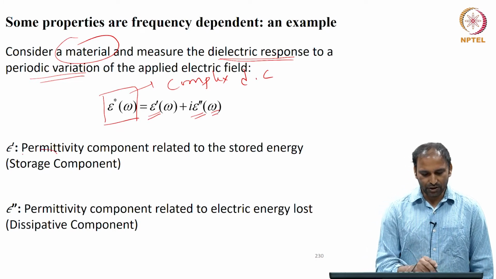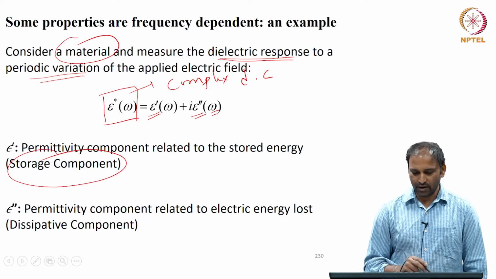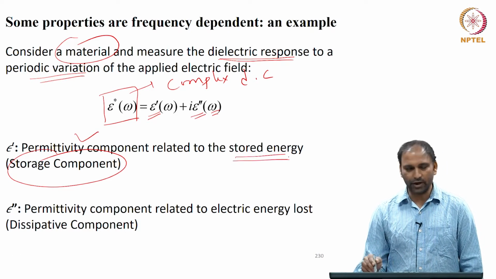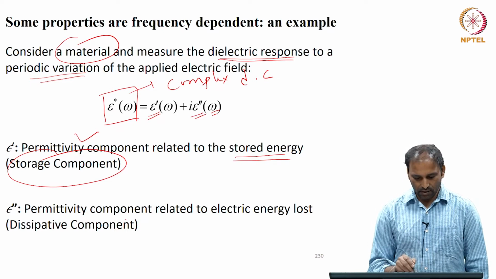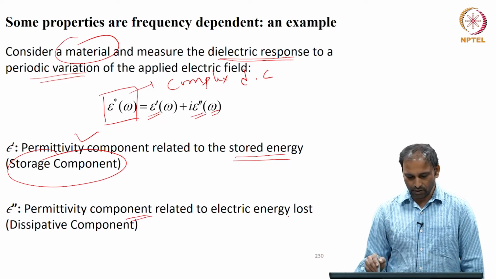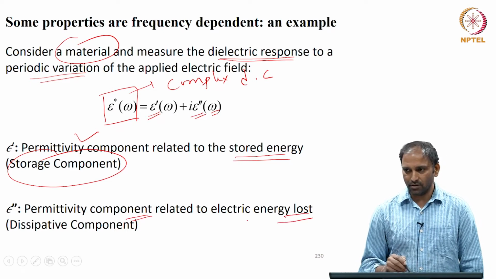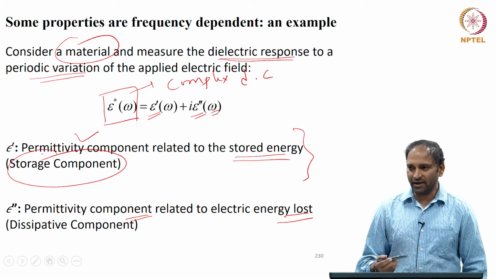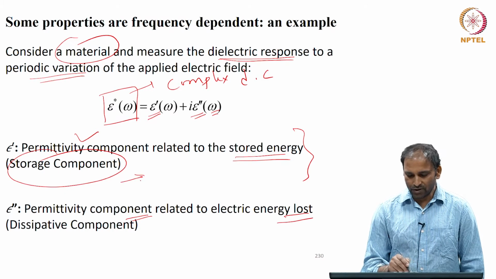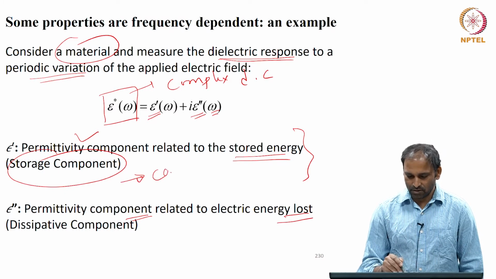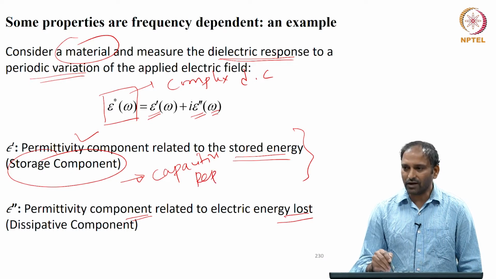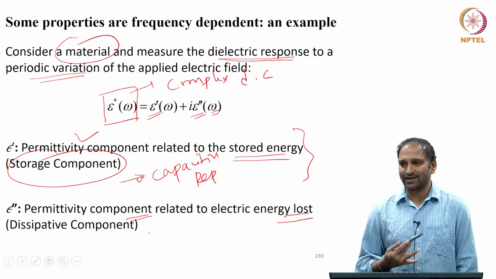So, there is a storage component, that is the permittivity component related to energy storage, and there is a permittivity component related to the energy loss. If you have a material where E prime dominates, people typically call it a capacitive response, because we know that capacitors store electric energy.